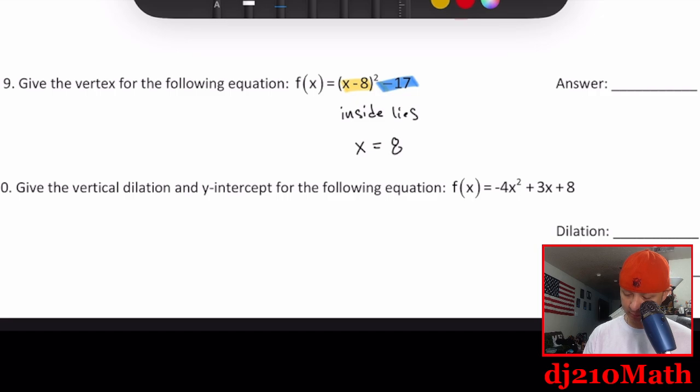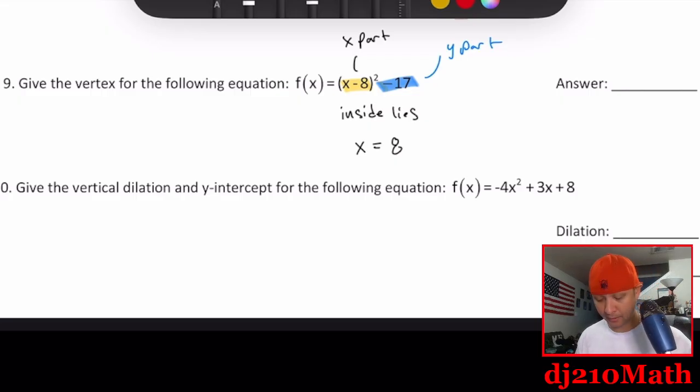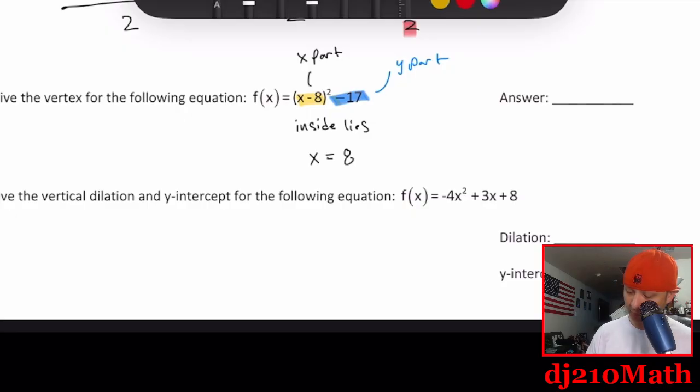So this is the x part, y part of the vertex. I mean, technically it's like the coordinate, but you understand what I'm saying. The x part of the vertex, y part of the vertex. So final answer, 8, comma, 17.